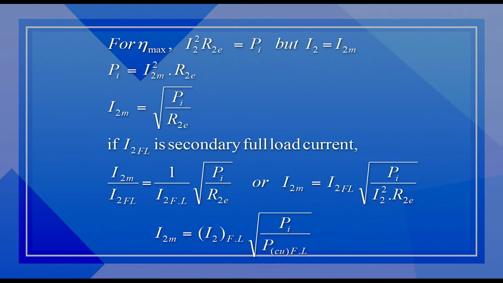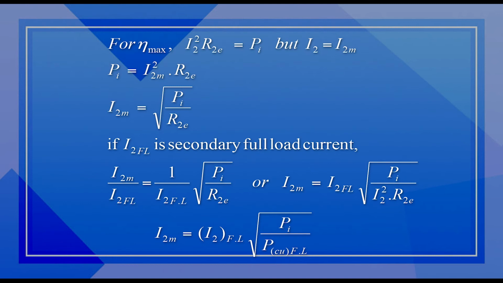Because we are finding the value of the load current, this load current I2 can be replaced by I2M. So the iron losses Pi can be written as I2M square multiplied by R2E. So what will be the value of I2M? I2M can be written as under root Pi upon R2E, where Pi is the iron losses and R2E is the resistance referred to the secondary side.